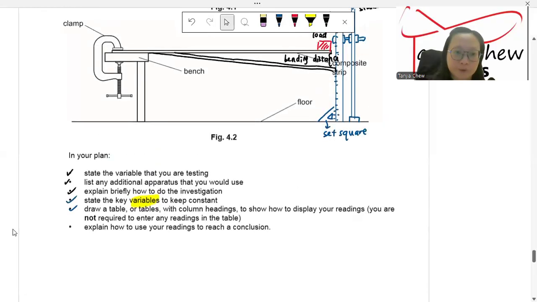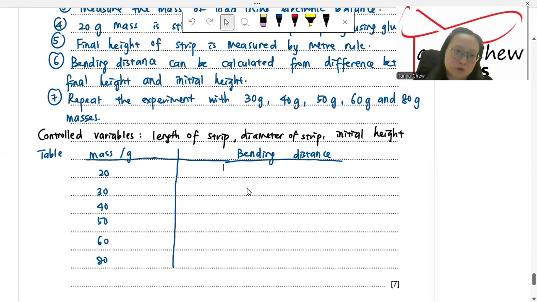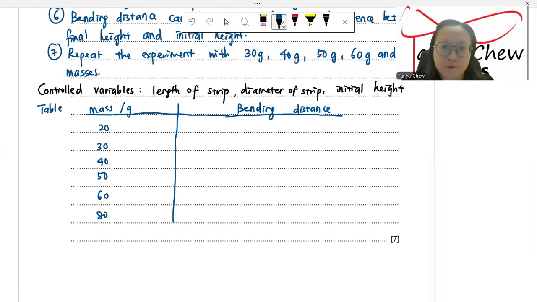Now I'm done with table, and the last part, explain how to use your readings to reach a conclusion. So since I have two variables here, one is independent variable, the other one is dependent variable. Therefore, I just want to plot a graph, right?